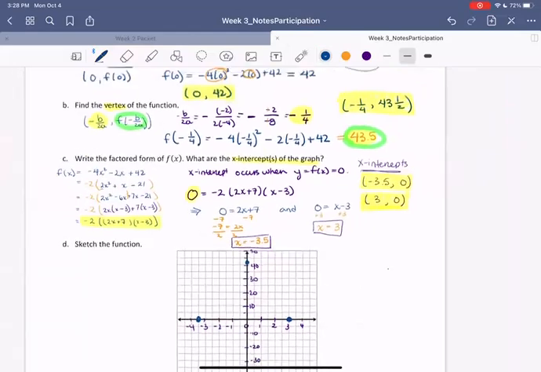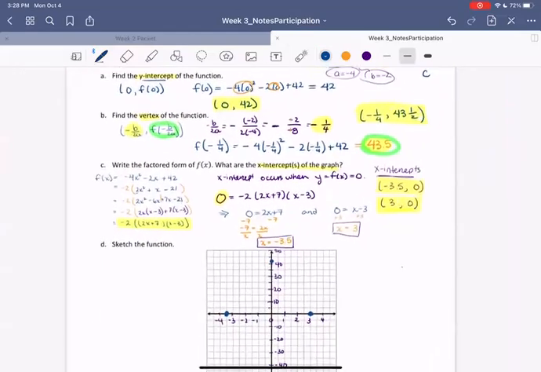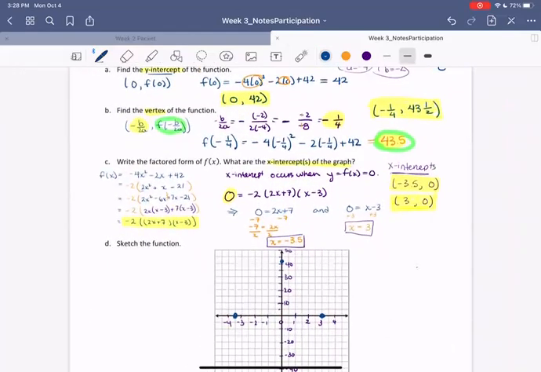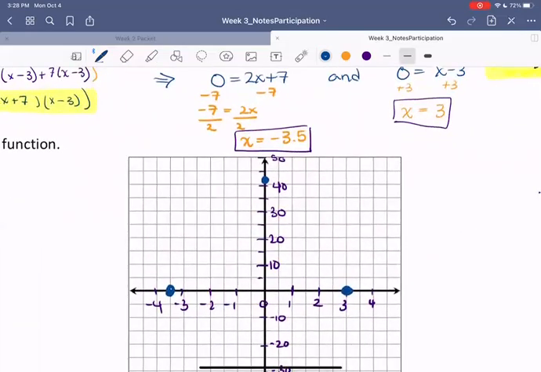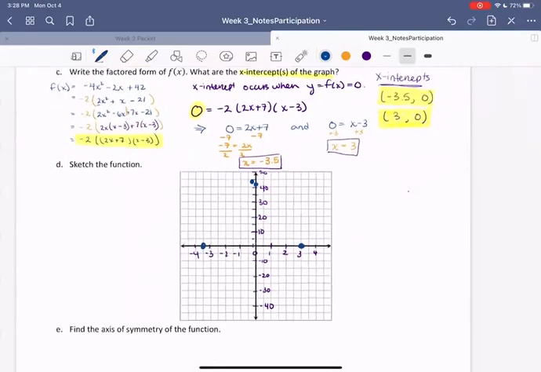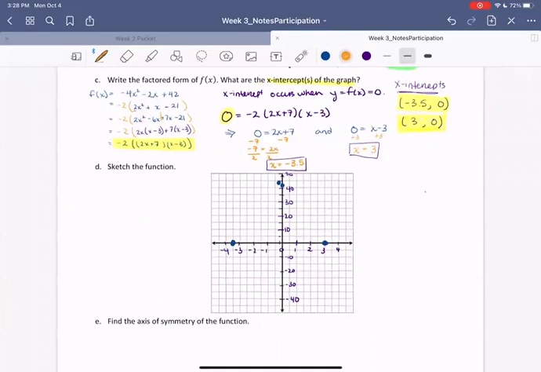And then my vertex is -1/4, 43.5. So I go -1/4, really close to that origin, and I go all the way up very close to my intercept. So my graph is going to look something like this.